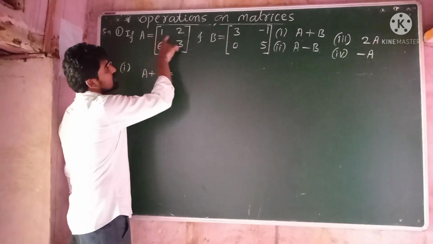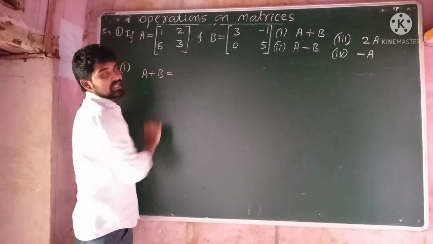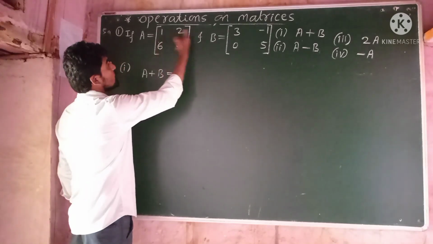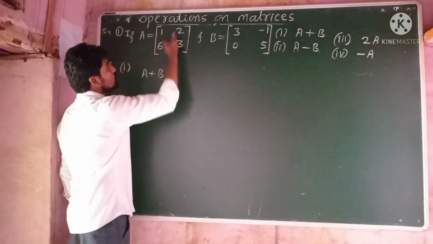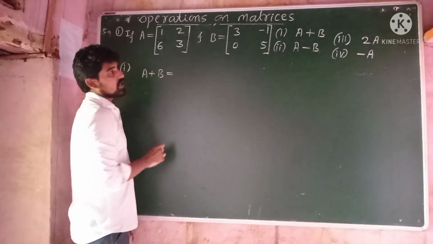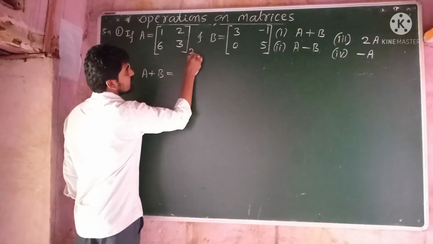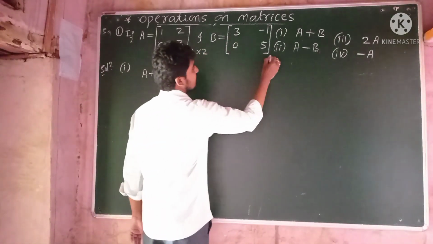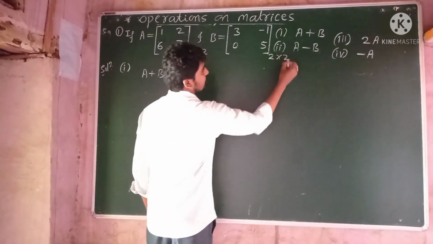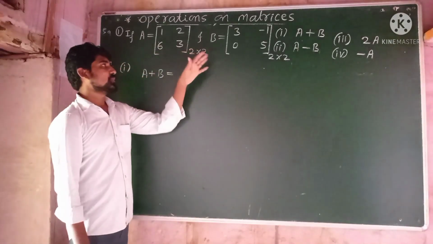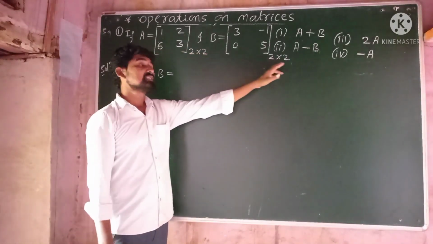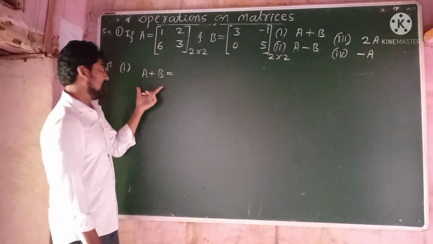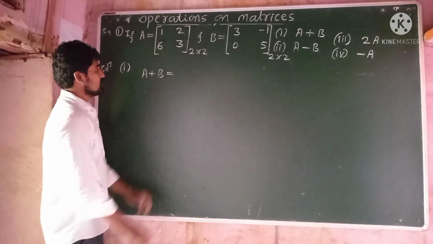So here both the matrices A and B have two rows and two columns. Therefore, order of the matrix A is 2 cross 2, and similarly order of the matrix B is also 2 cross 2. So both A and B matrices have same orders. Therefore, A plus B is possible here.